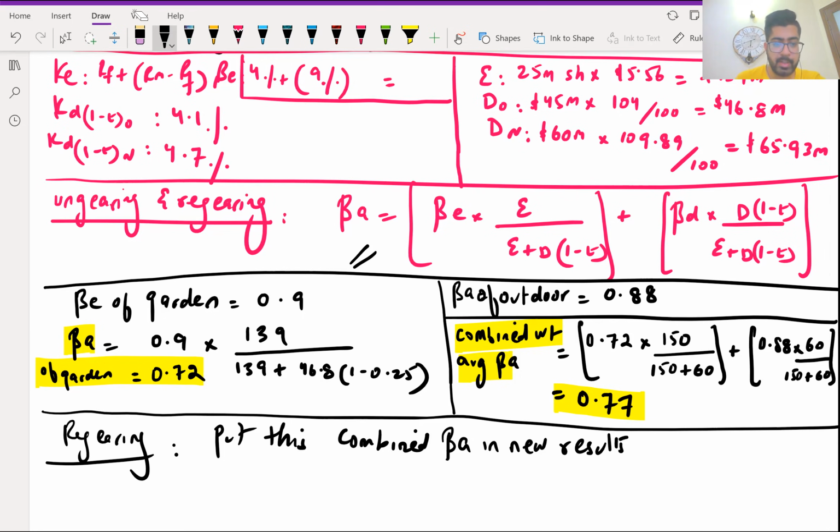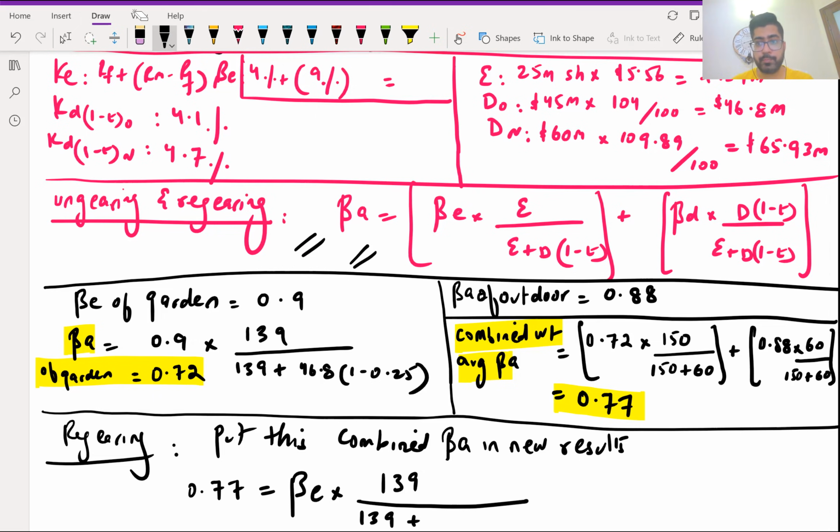To get beta equity, now if I use this equation again, combined beta asset is 0.77. I need a combined beta equity. Now, E in the new structure is 139, plus debt in the new structure is now 46.8, the old one, plus 65.93, the new. 112.73, 1 minus 0.25.